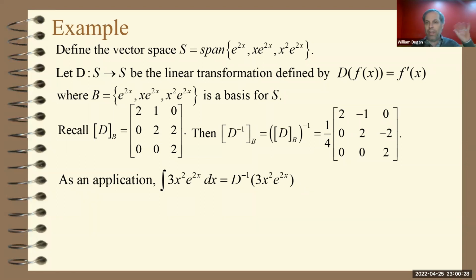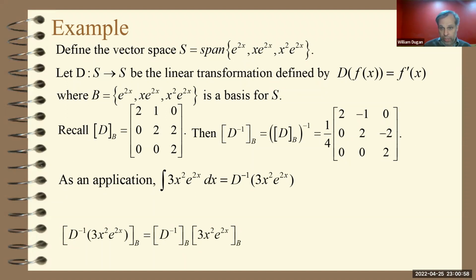Using the techniques we know, I don't know what this equals, but what I can do is find out what it is relative to the basis B. Once I know what it is relative to the basis, I can come back and find what the vector actually is, because I'll have the coordinates relative to B, and I have the basis, so I'll be able to find the actual vector.